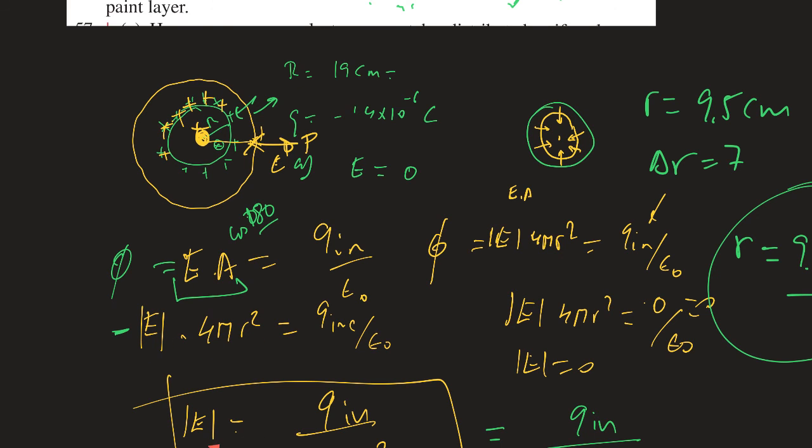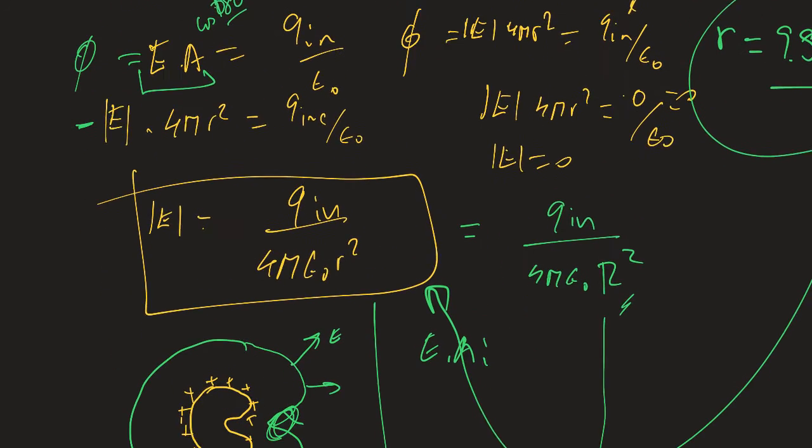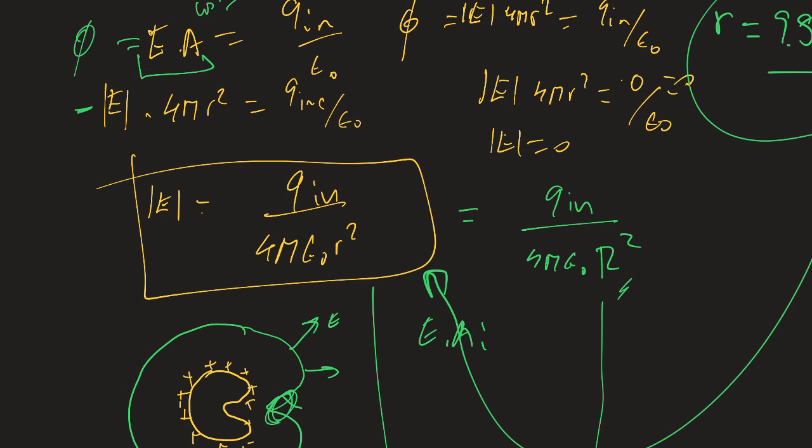So the electric field will be Q inside divided by 4 pi epsilon 0 r squared. But if I'm going very, very near the layer of the painting, the surface, but from outside, this radius r will be equivalent to the radius of the sphere, so I can find the electric field very, very near.